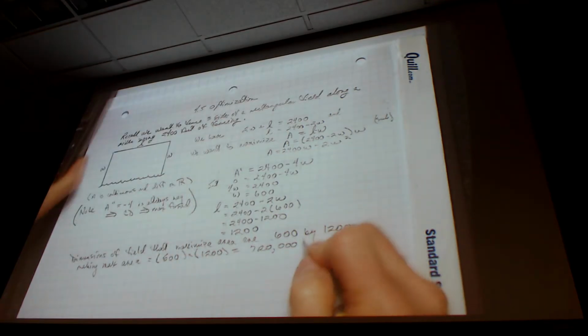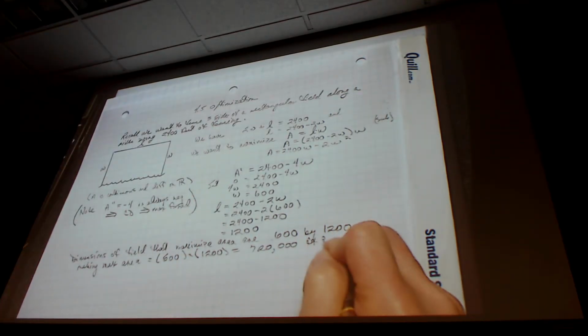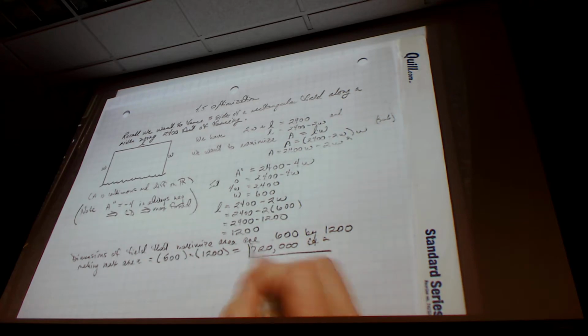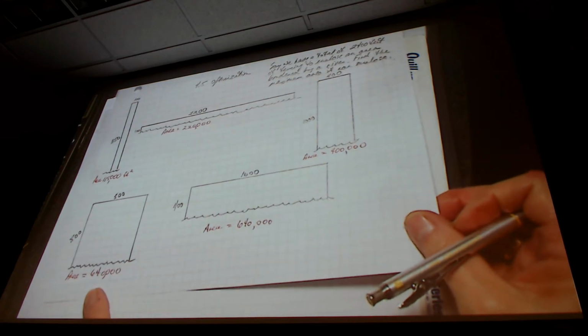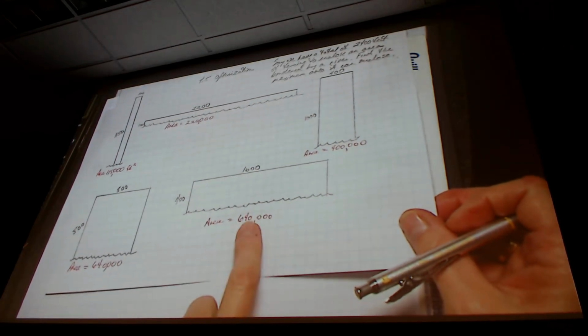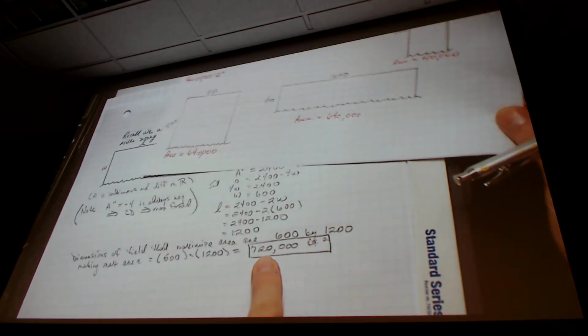And this is in square feet. So in fact, we were coming sort of close over here at the two configurations for 600 and 640,000, but we could do a little bit better.